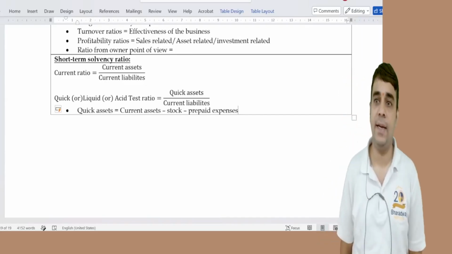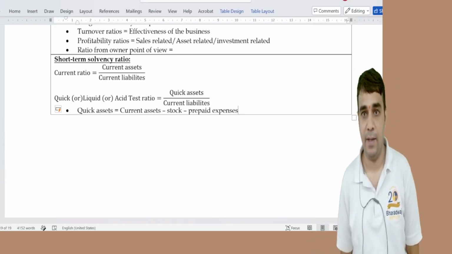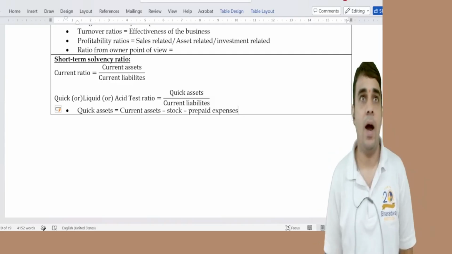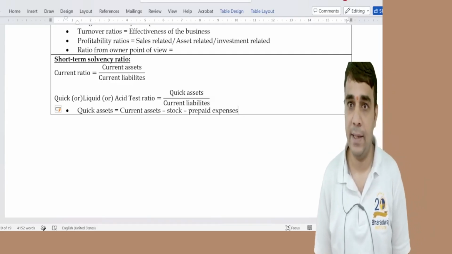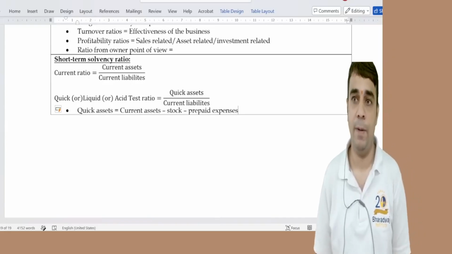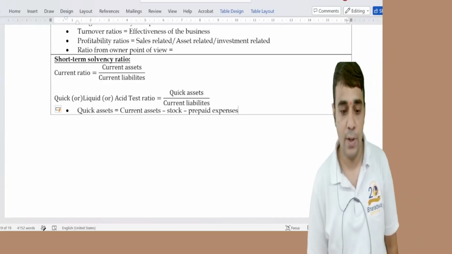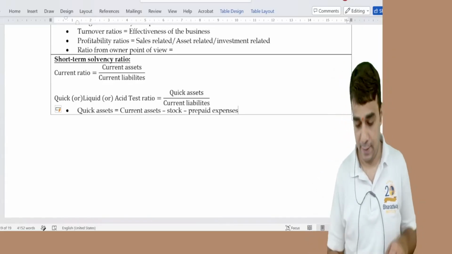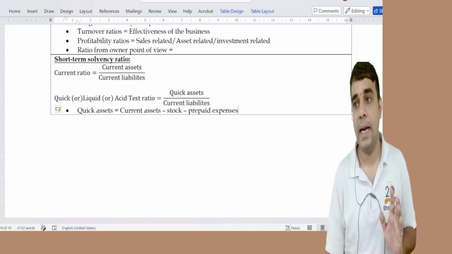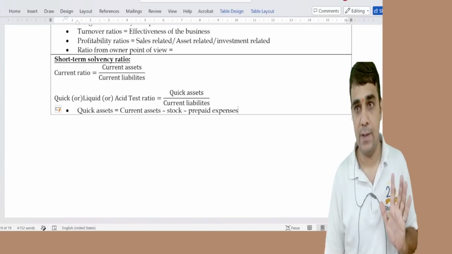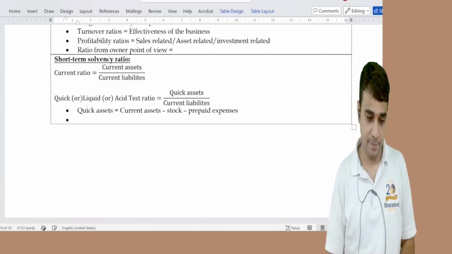I cannot get any cash out of this 10 month prepaid money. Assuming on March 31 or April first week, I have a lot of trouble, I go back to that internet company and tell them, please pay me back this money. They'll not pay. Most of the time, you'll not get back the money. So prepaid expense is to be subtracted. This is the second ratio, which is your quick assets divided by current liability.